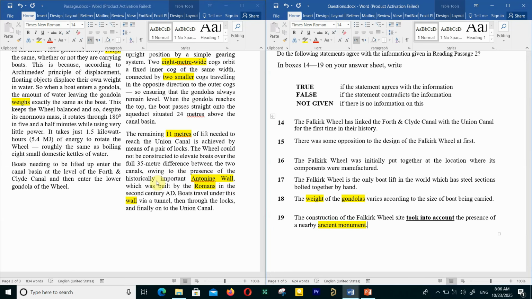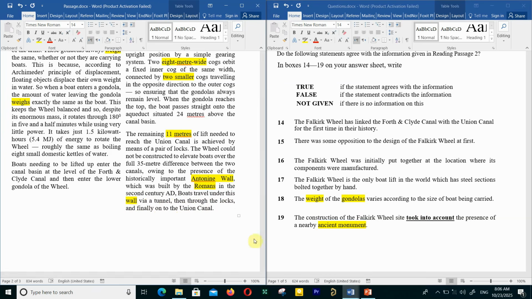So here it says that owing to the presence of the historically important Antonine Wall, which was built by the Romans in the 2nd century AD, boats travel under this wall via a tunnel, then through the locks, and finally onto the Union Canal.